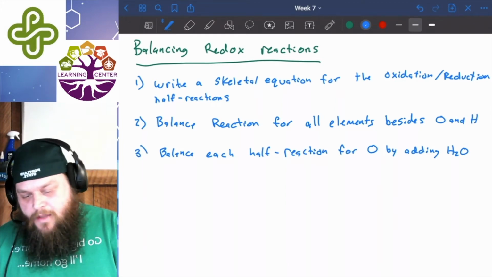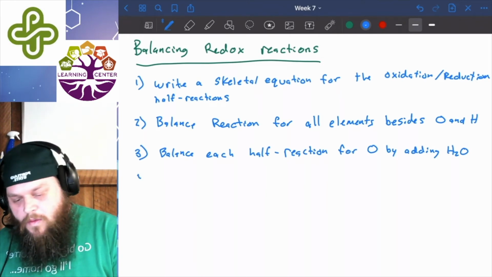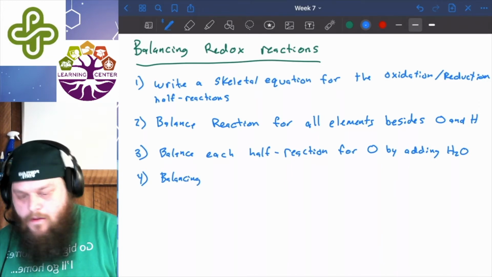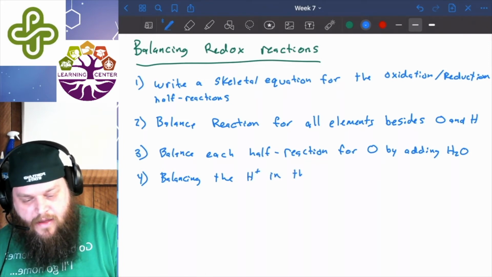The third step is balancing it with the oxygen in there. And then the fourth step is balancing the hydrogens, the H plus, in the half reaction.